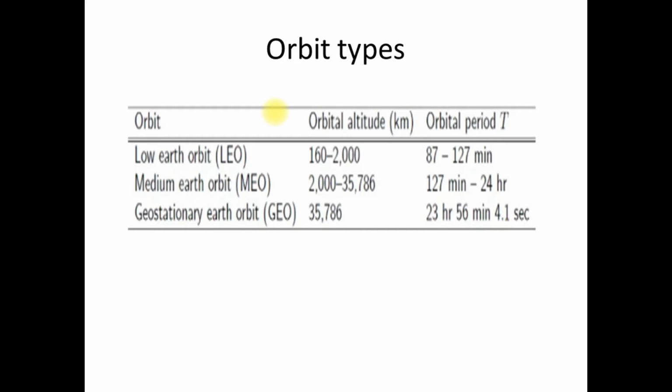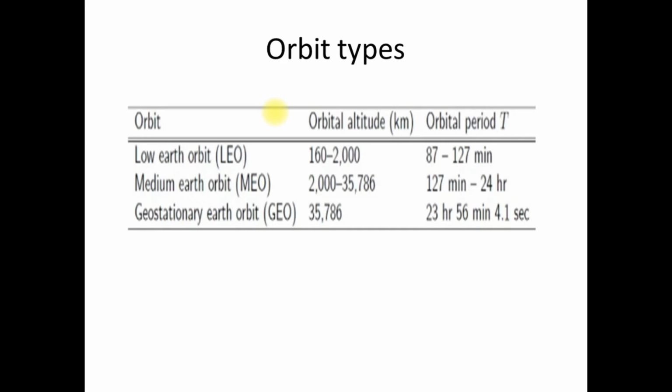Medium Earth orbit will be at an altitude of 2000 to 35,786 kilometers, and the orbital time period will be 127 minutes to 24 hours.